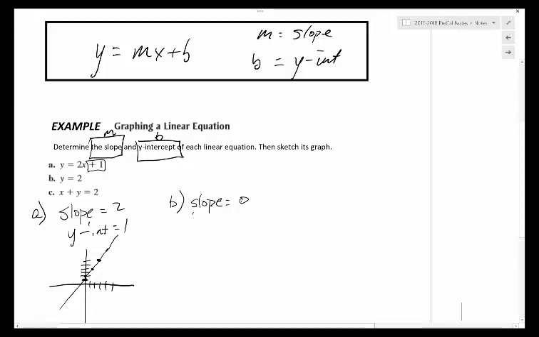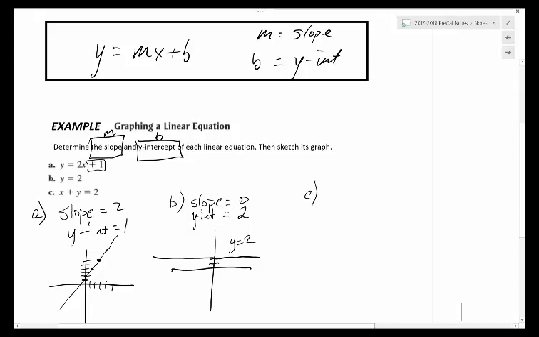The y-intercept is going to end up being 2, because for all values on the y-axis where y equals 2, this equation will cross that. So there are an infinite number of x values: 1, 2, 2, 2, 0, 2, 3, 2, a billion, 2. But where I have y equals anything, it's a horizontal line, because it's inclusive of all values where y is equal to 2.